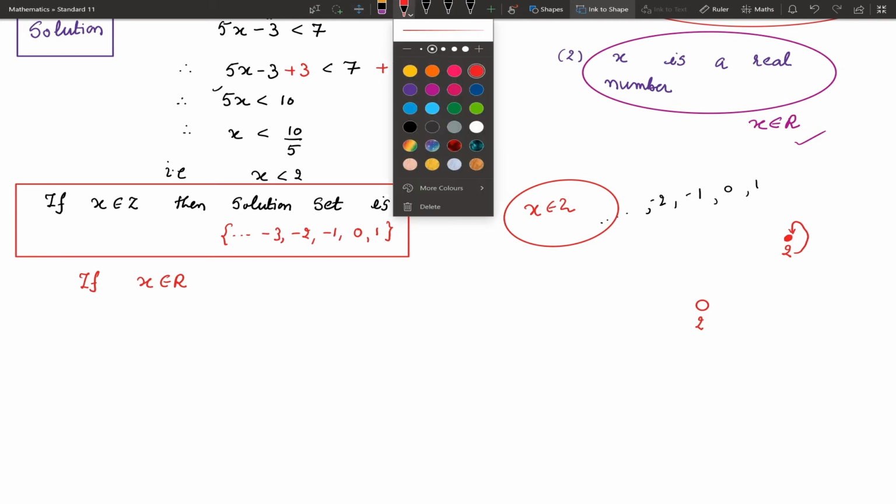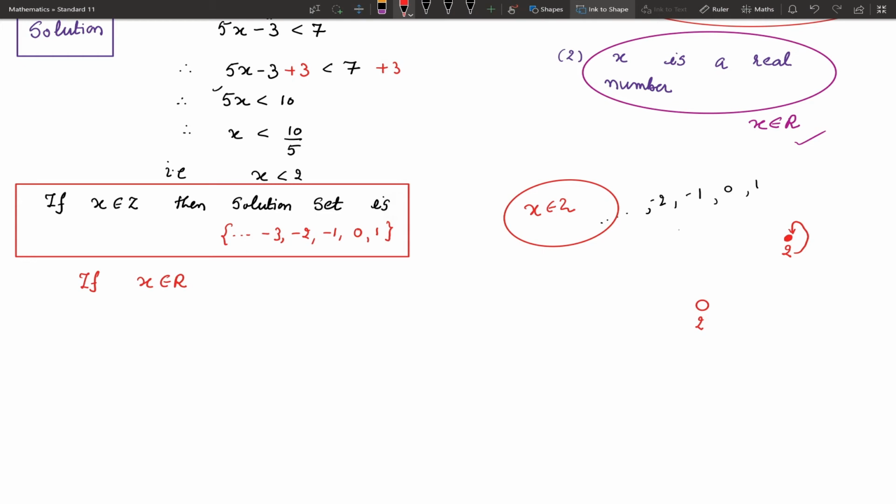So now we draw the real line. This is minus infinity, this is plus infinity, and x is less than 2. All real numbers which are less than 2 belong to the solution. You can observe somewhere there will be 1, 0, -1 and so on.